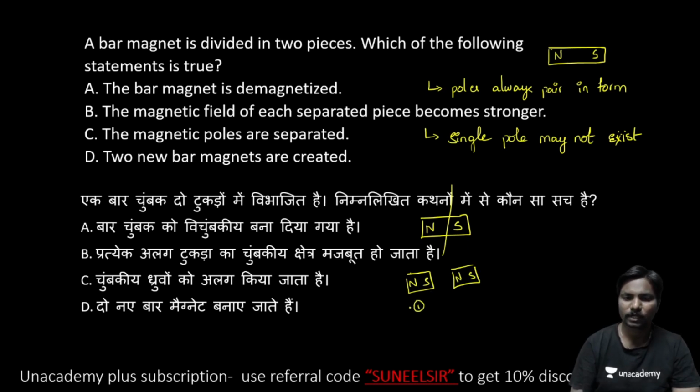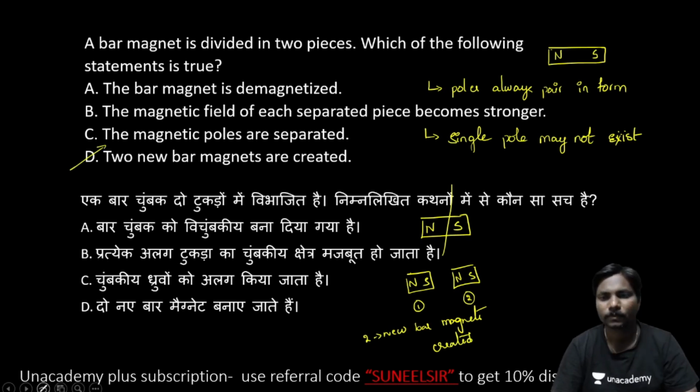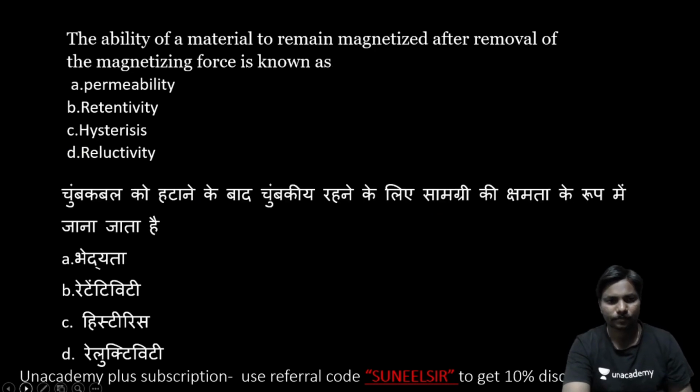That means each piece will work as a magnet. So two new bar magnets are created. If you cut into three parts, three magnets are created; four parts, four magnets. A single pole does not exist, automatically another pole is created.